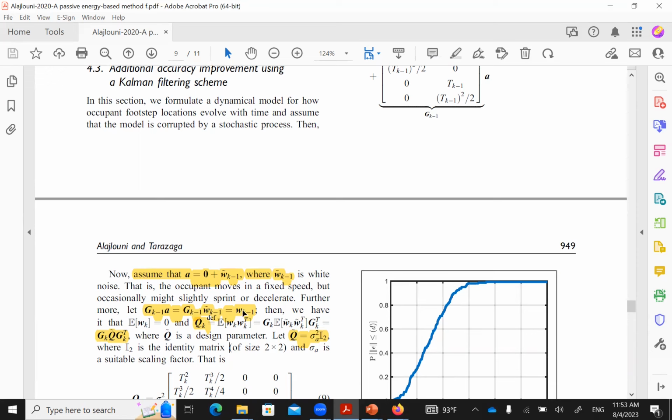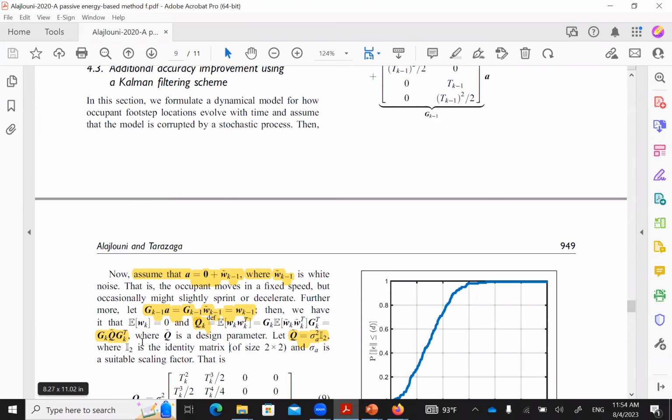So W is zero mean. And also the covariance, if you followed the first lecture last week, the covariance of something like this is nothing but G times the covariance of W tilde times G transpose. So this becomes our Q matrix. Remember the Q matrix? It's this expression.